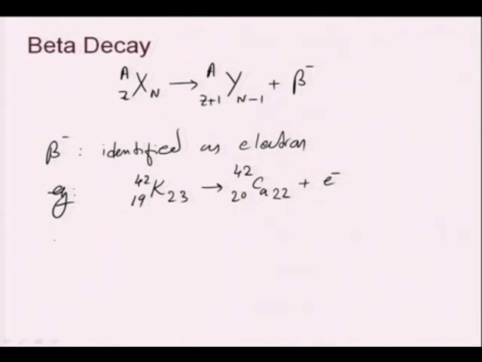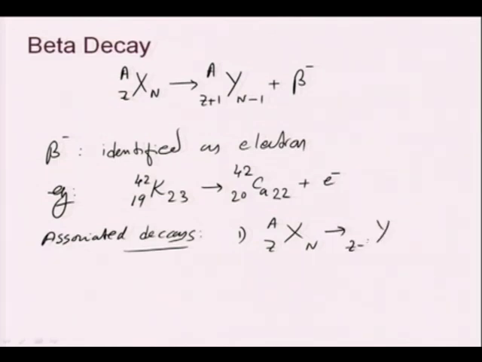Similar to this electron emission, there are other decays. So, there is one possibility where instead of proton number increasing, the neutron number is increased and proton number is decreased by 1 unit, A remaining the same, right.